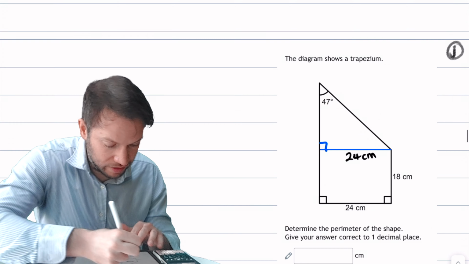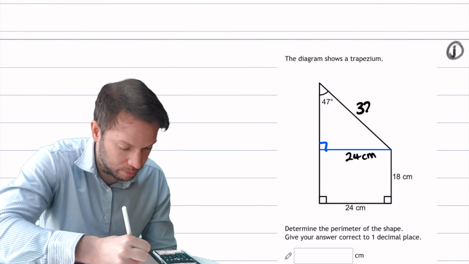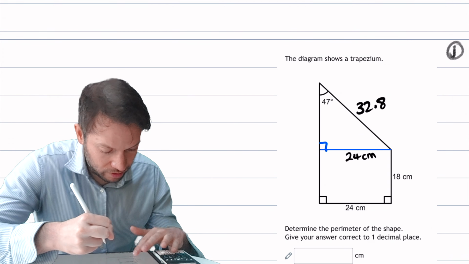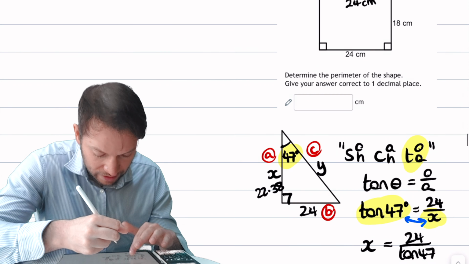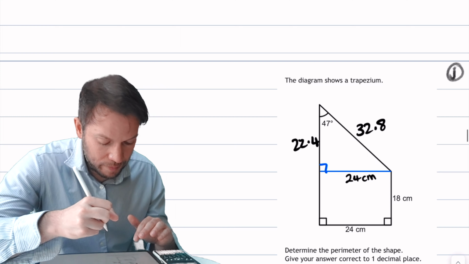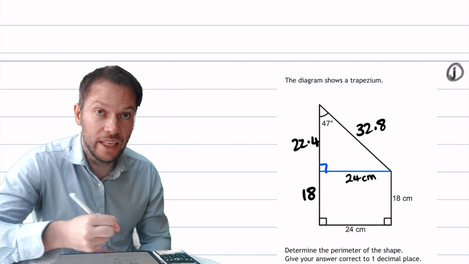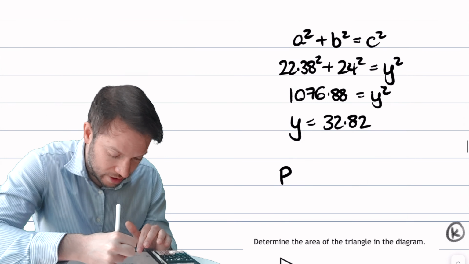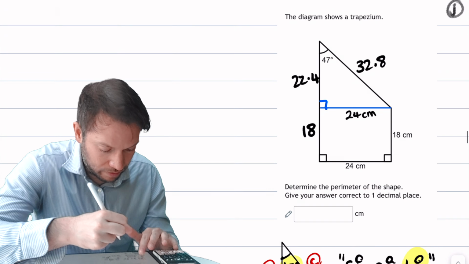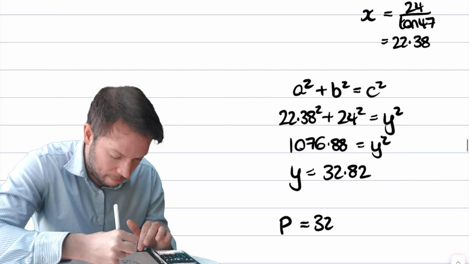Right, so now we've got everything we need. We've got the y, which is here. This is the y, the 32.8. And we've got this other length on the left, which was 22.38, so 22.4. And this side length here is 18. So at this stage, we can just add all these side lengths to find the perimeter. So the perimeter is, we've got the 32.8 at the top.